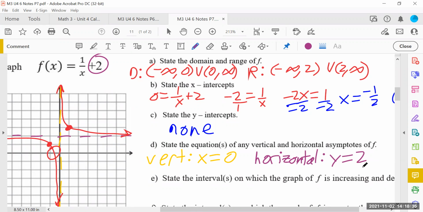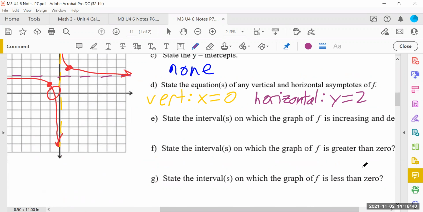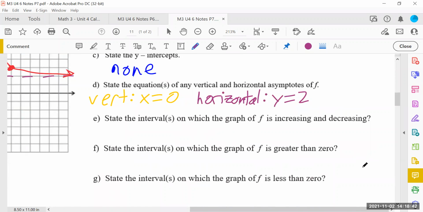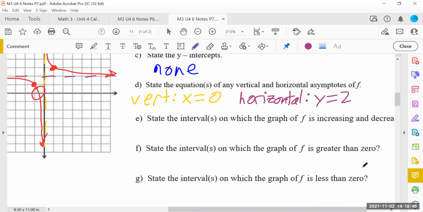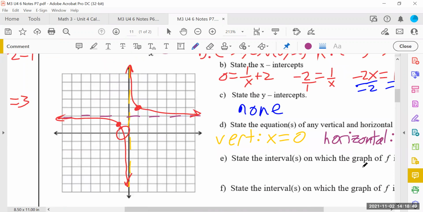So I would say again, write down those asymptotes as the very first thing you do on these problems. Now it says state the interval on which the graph is increasing or decreasing. These graphs always do one or the other. They're either all increasing or all decreasing. If I start at the left, it's going along and then it drops. It's going down that whole way. And then it breaks and starts over again at like infinity and then goes down from there.